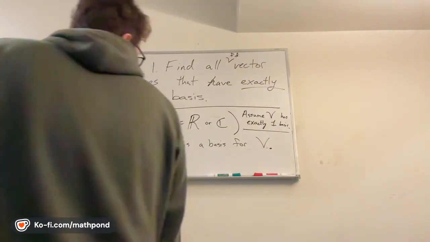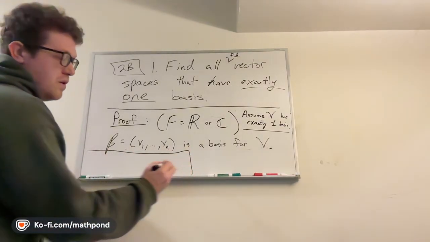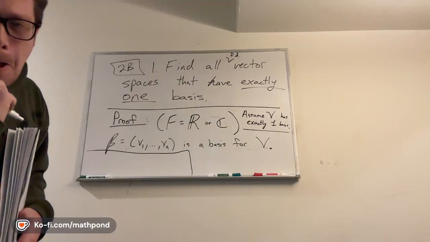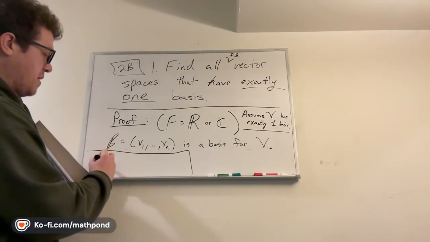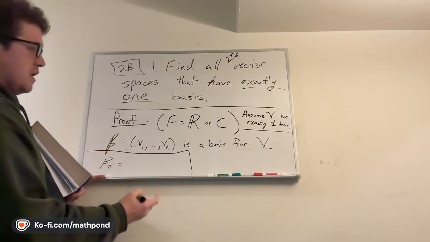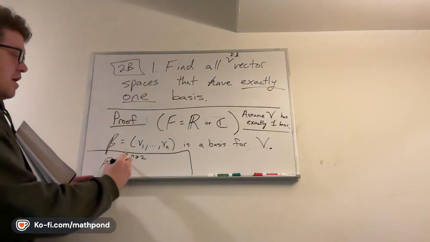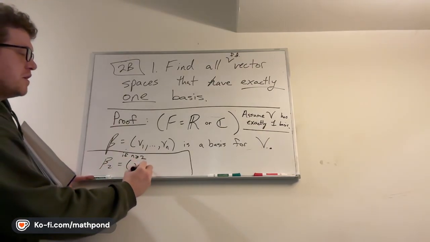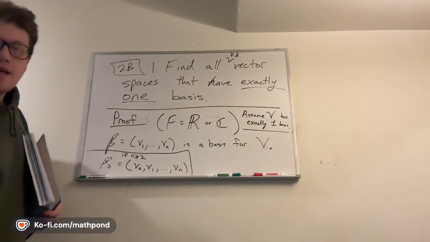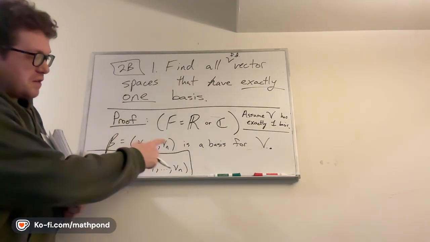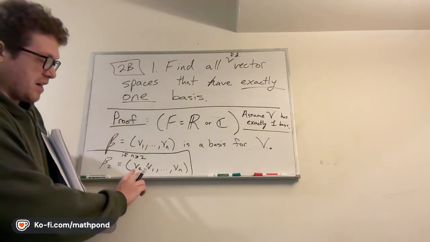I'll write it over here just as a note. If n was 2 or bigger, we could always write down a second basis, beta 2. So if n is greater than or equal to 2, then the basis v2, v1, up to vn is actually a different basis, because if these are linearly independent, it means that v1 and v2 are not equal to each other, and therefore I can swap them.